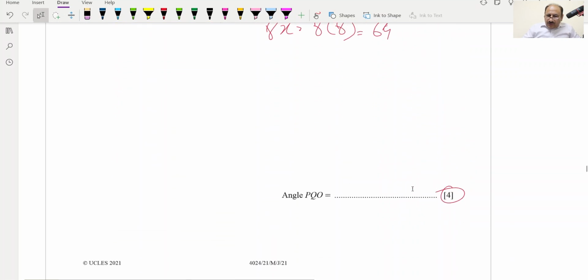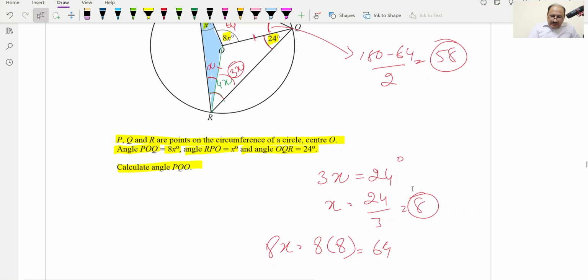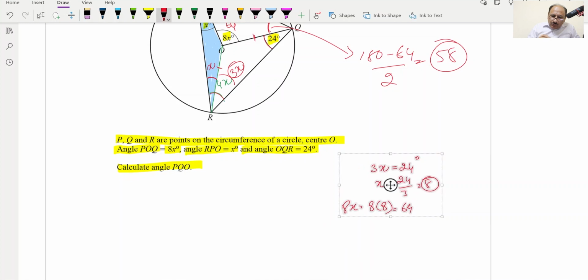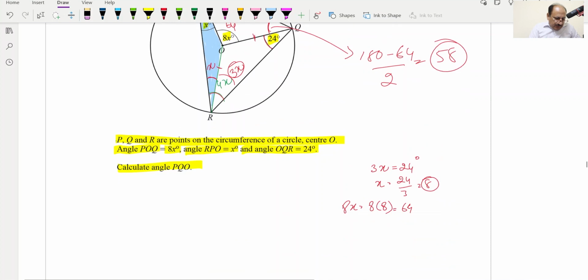Now for 4 marks, we will have to provide the statements and reasoning also. So for that one, we can write angle PRQ is equal to 4x.